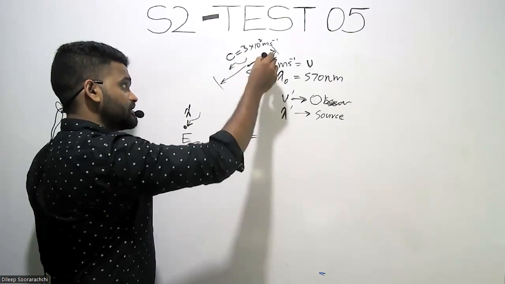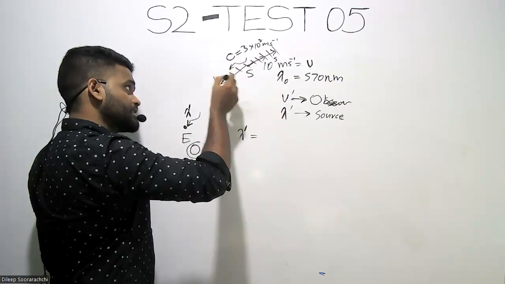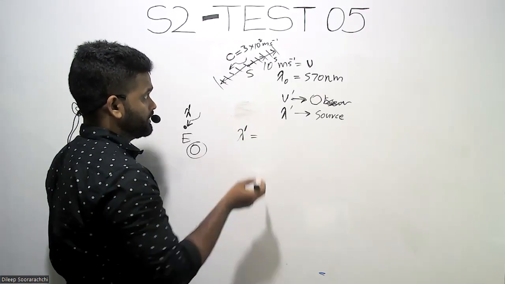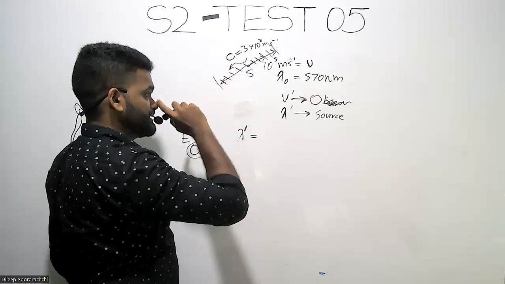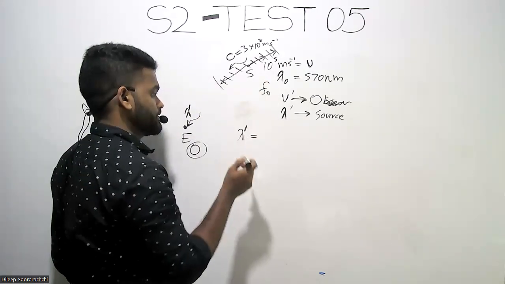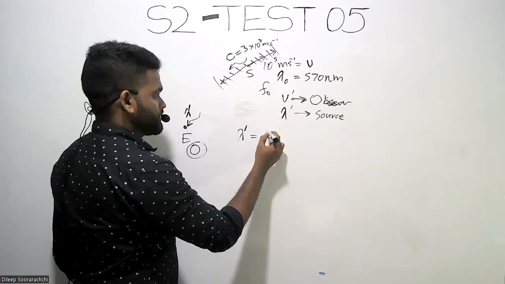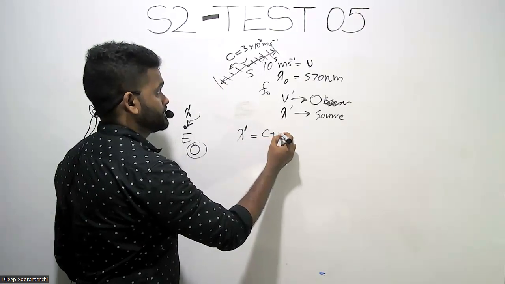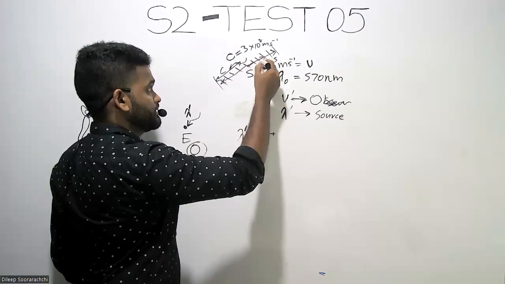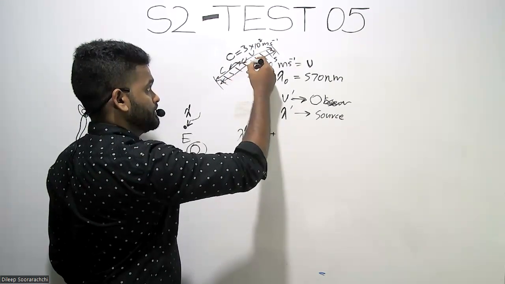Then that distance is divided into the actual number of waves, the actual frequency, let's say f0.